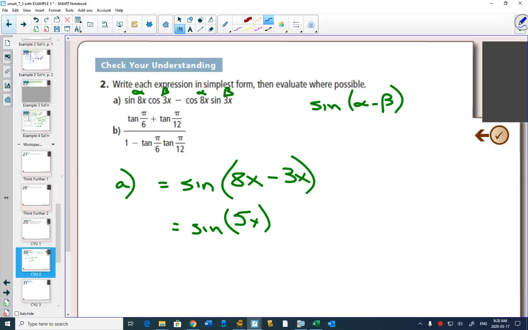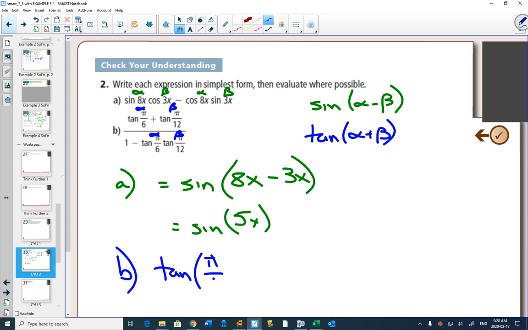So again, over top of these I might label alpha, beta, and then think tan alpha plus beta off to the side. Does it match up perfectly? Tan alpha plus tan beta over 1 minus tan alpha tan beta? Yes. So then I can rewrite B as just tan. Alpha is pi over 6, and beta is pi over 12. How do you add fractions?